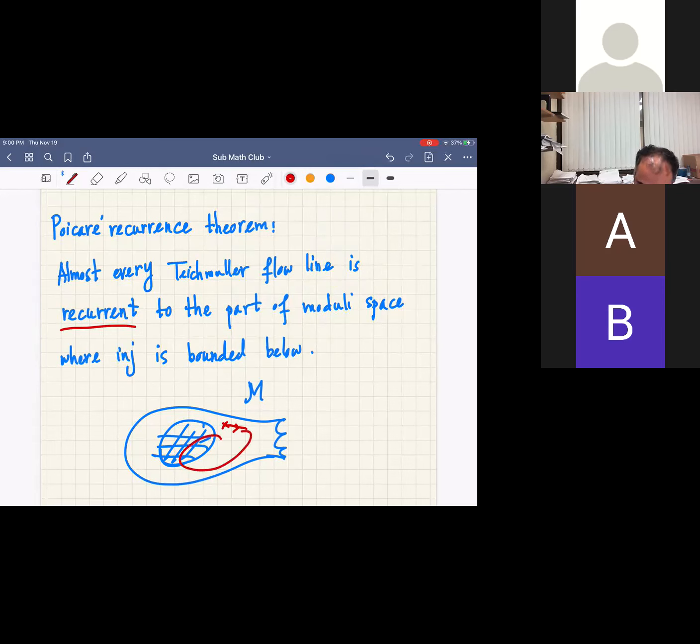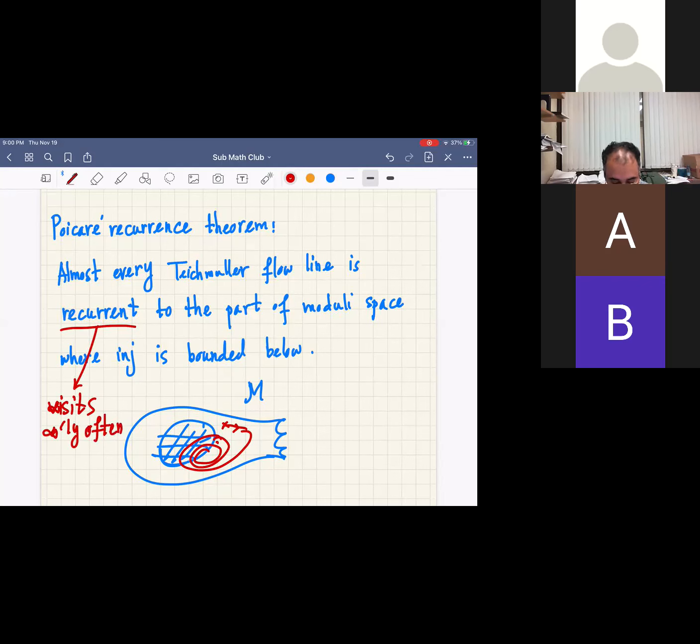And recurrence means that it visits this part infinitely often. So there is an infinite sequence of times where this ray intersects this part. That means infinitely often.